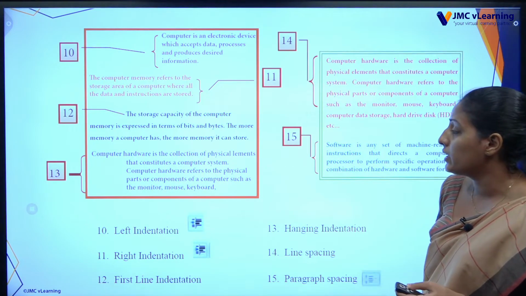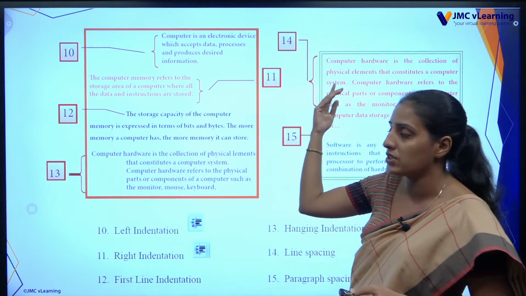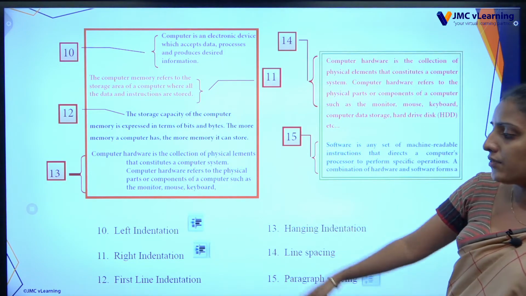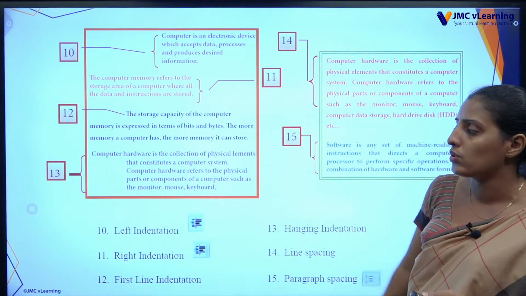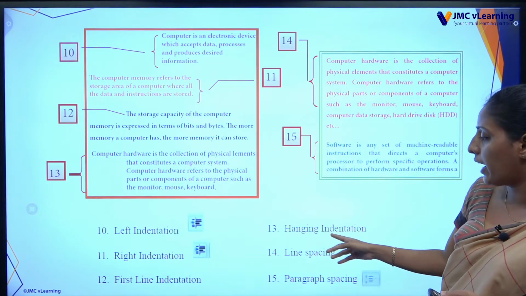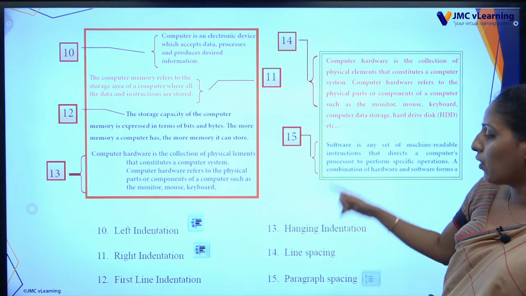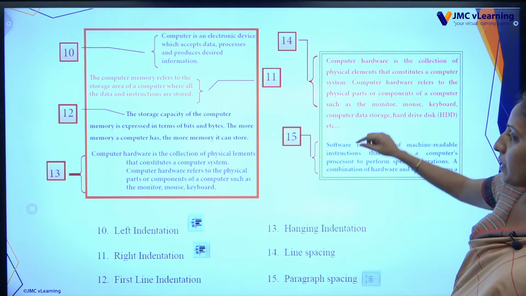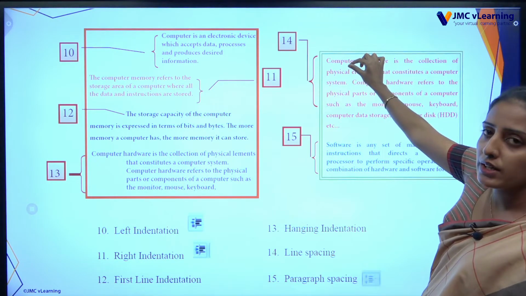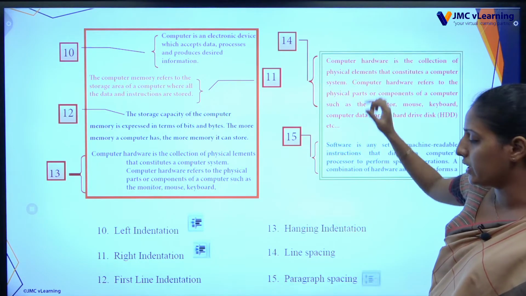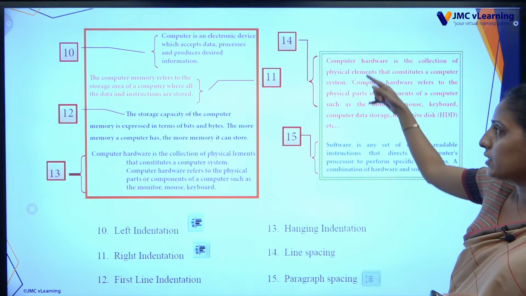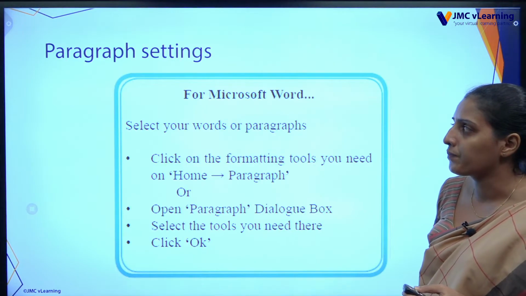So, in here, number 10 is left indentation, number 11 is right indentation, then first line indentation you can do through 12, and 13 means hanging indentation. Then line spacing, that means we can change the line space between each line, and these are paragraph spacing, these are line spacing.